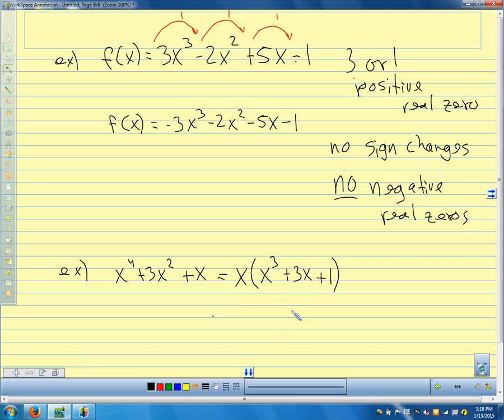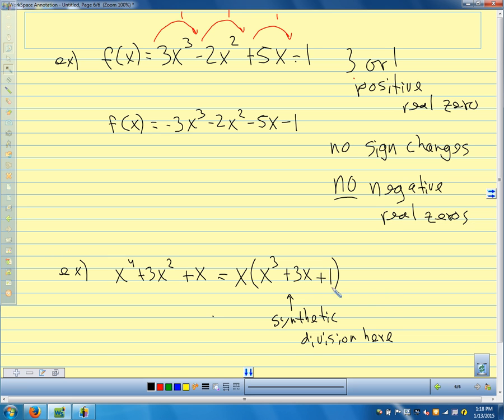And then we would do synthetic division on this part. So if we have a common term, we can factor that out so we can do the synthetic division. And this one would be really easy. What are the only two possible rational real zeros of this one? Plus or minus 1. So we could try those and see what we get.